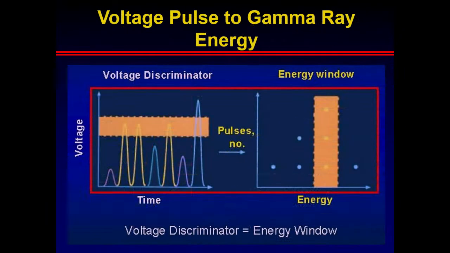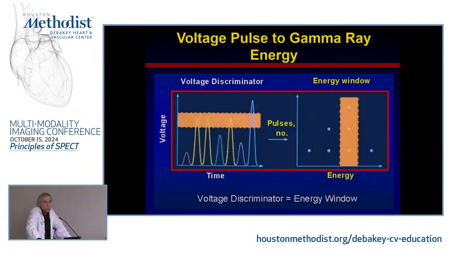We talked a little bit about the voltage amplifiers or the voltage discriminators that we see. So let's say you have 5 or 6 photons get through from the crystal into the electronics. The question is, what is the energy of those particles? And what we want is, if we have a 140 keV photon of technetium, we don't want to image a photon with 80 keV.